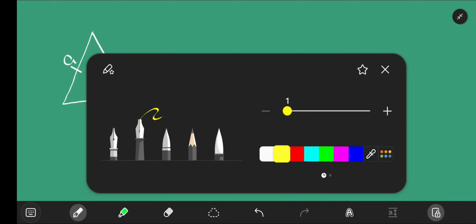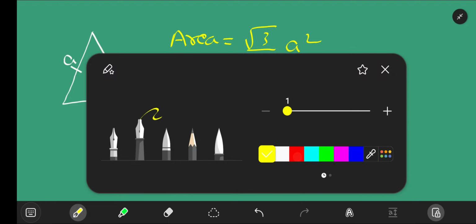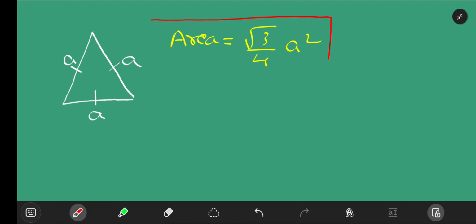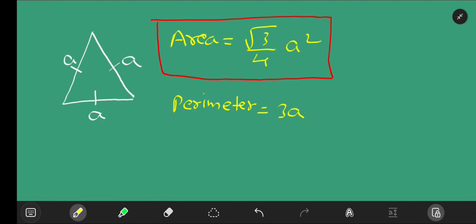Then the area formula is area is equal to root 3 by 4 A square. This is the formula for equilateral triangle. Area of equilateral triangle formula. And the perimeter, as I said, perimeter is equal to the boundary length. A plus A plus A, that is 3A. 3A is the perimeter.